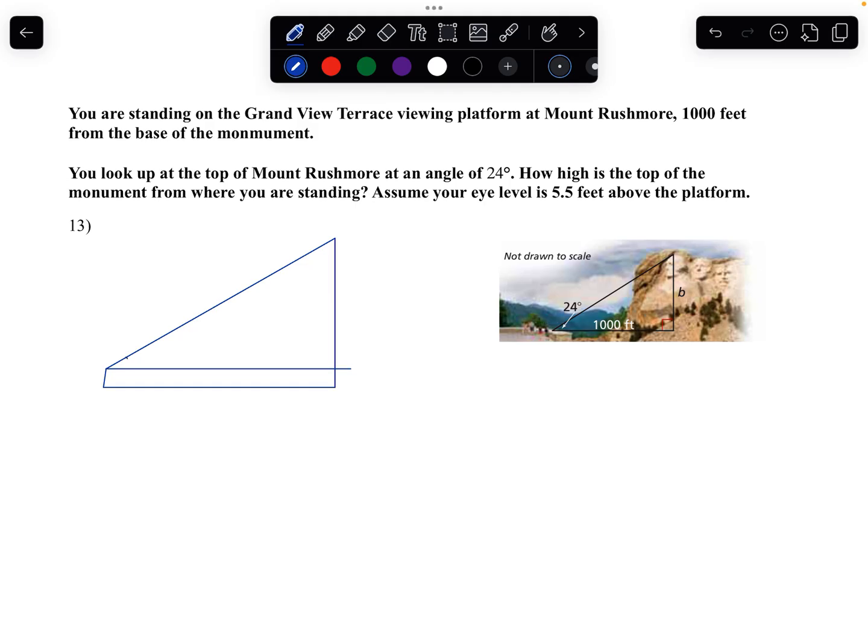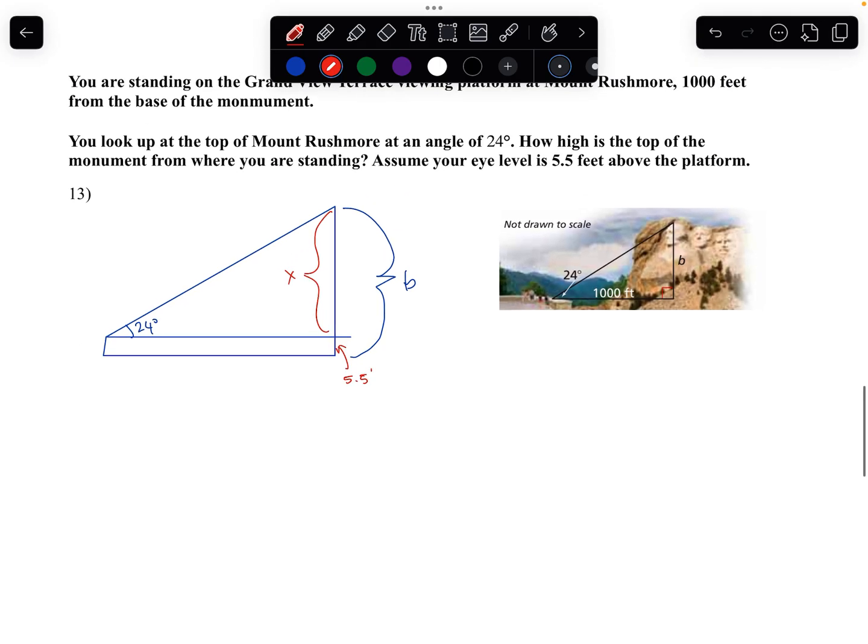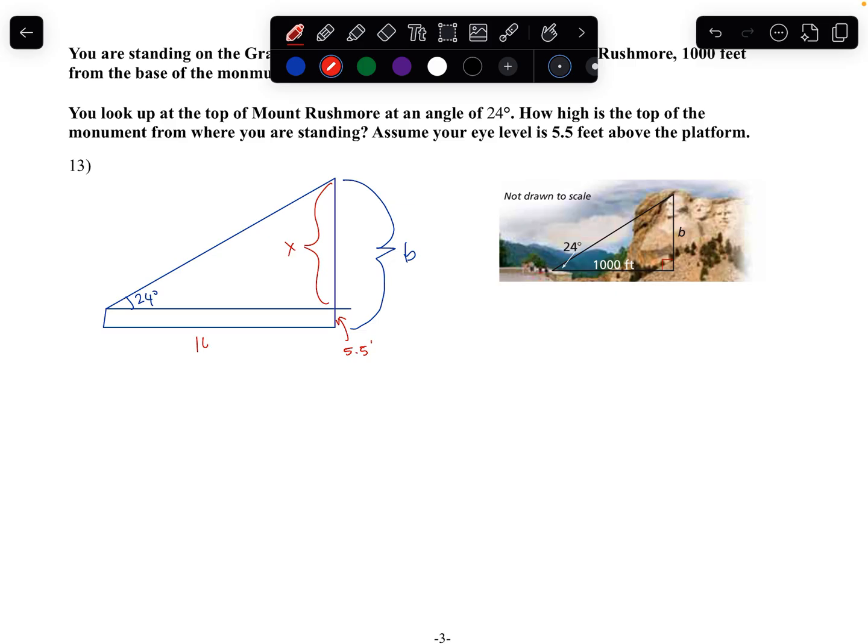So I think this angle right here is 24 degrees. The whole length right here is B. So we'll call this side length X. The X length that I'm referring to is this right here. And I know that this length right here is 5.5 feet. All right, and I know that this is 1,000.